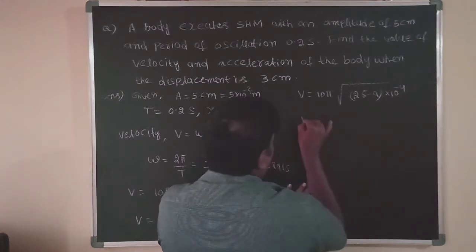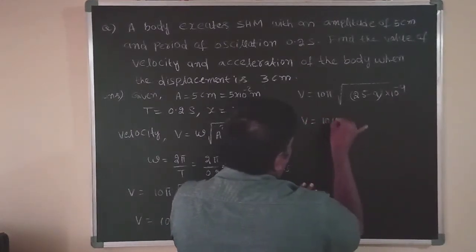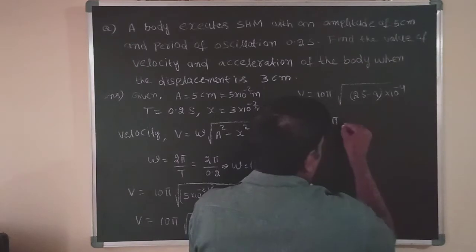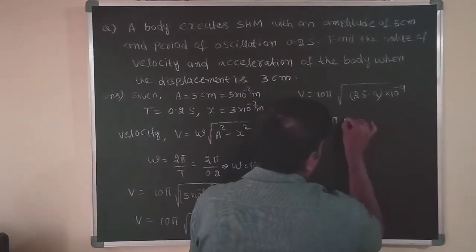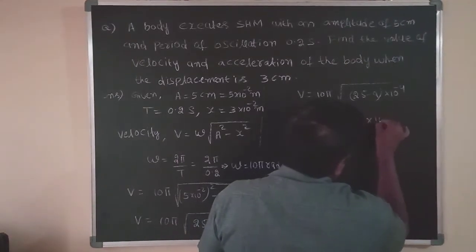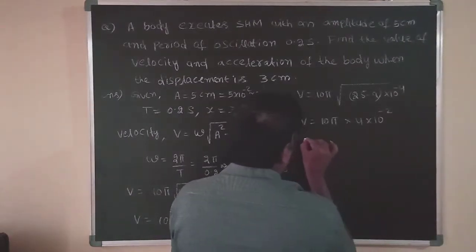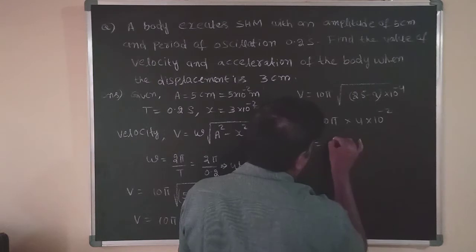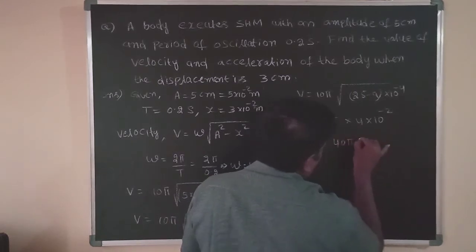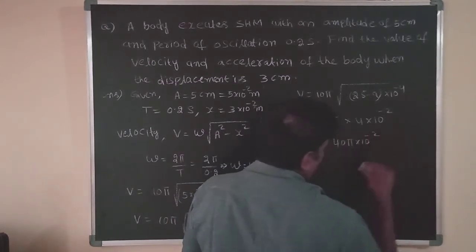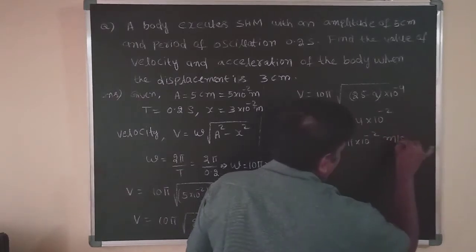Which is nothing but velocity v is equal to 10π into root 16, which is 4 into 10 to the power of minus 2. So with the help of this, velocity v is equal to 40π into 10 to the power of minus 2 meter per second.